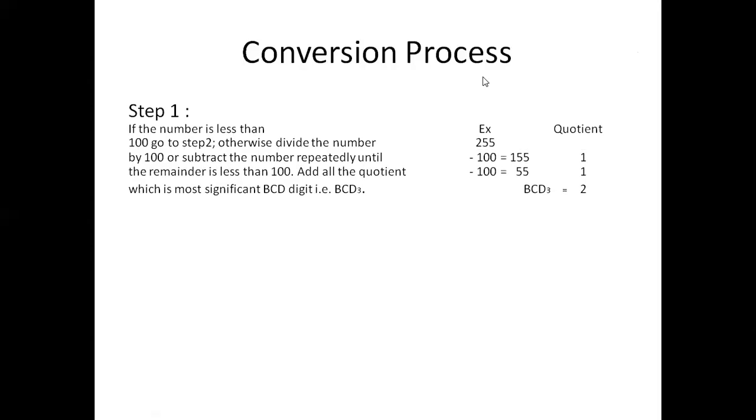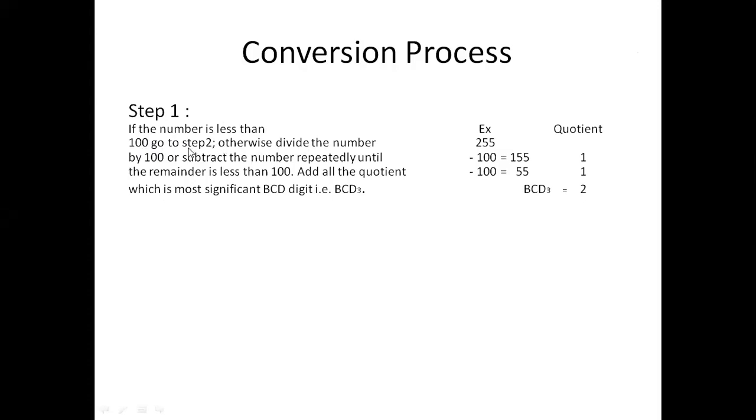So what is the conversion process of binary to BCD? The maximum number which can be represented by 8 binary digits, if you convert it into a decimal number, is 255. So the first step: if the number is less than decimal 100, go to step 2.